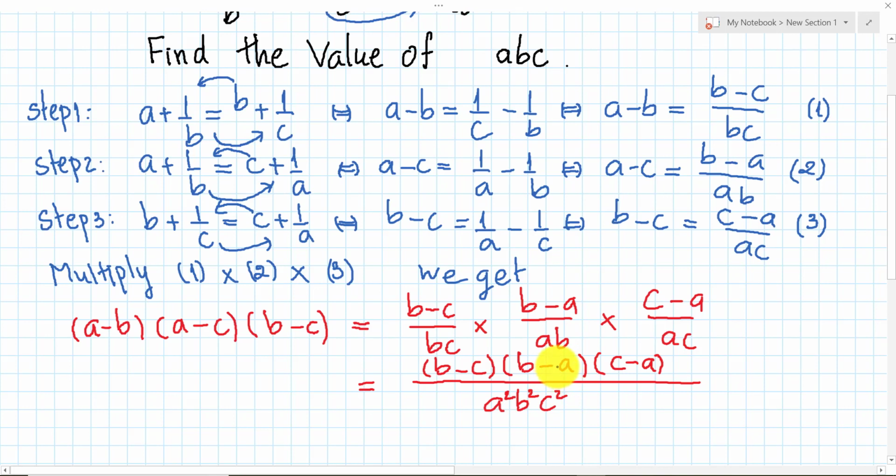And then we see B minus A and this A minus B, and this C minus A and this A minus C.